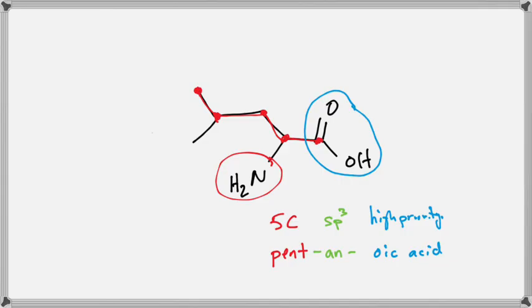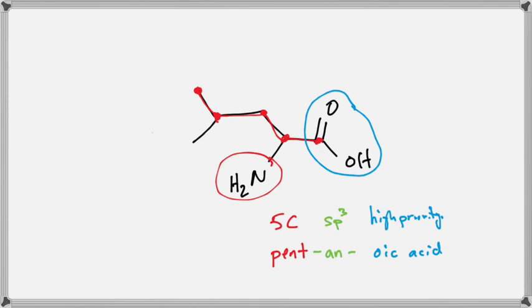Okay. Do we call it pentanoic acid or do we call it pentanic acid? Which one sounds better? Pentanic? Sounds like a death metal band. Or pentanoic? The answer is with the O. In this case, we want the O. Okay, so we've got pentanoic acid.